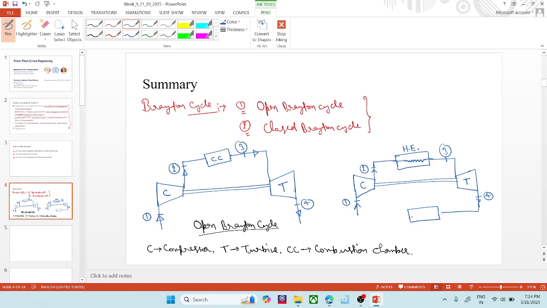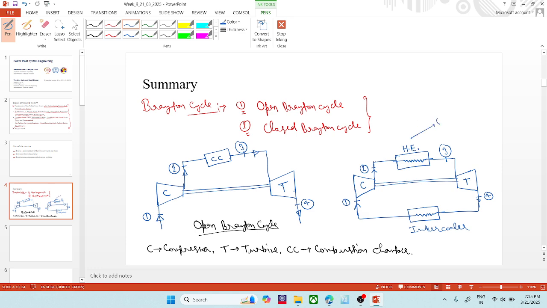It releases the heat in this intercooler, and then the same air, or we can say any gas, is fed to the compressor at point 1. So this is the intercooler.